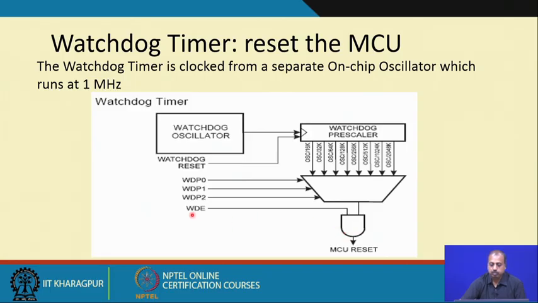When the watchdog timer overflows, the output will be 1, and when the output is 1, it will send a reset to the processor. This watchdog timer is useful when we have some activity which was supposed to be complete within some time, but it is not. In those cases we can use these watchdog timers.